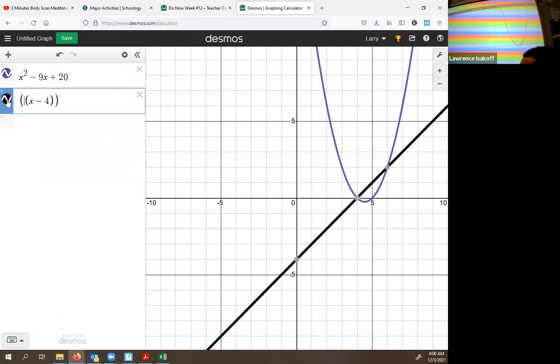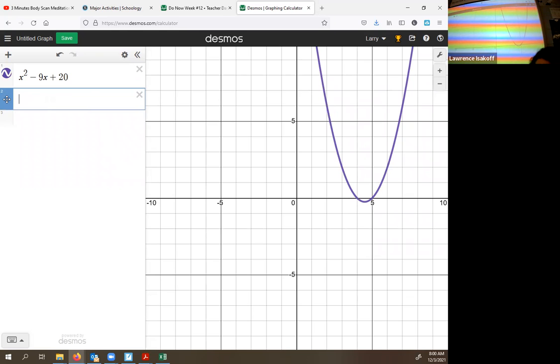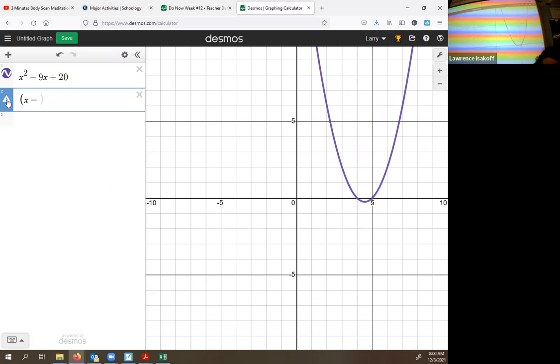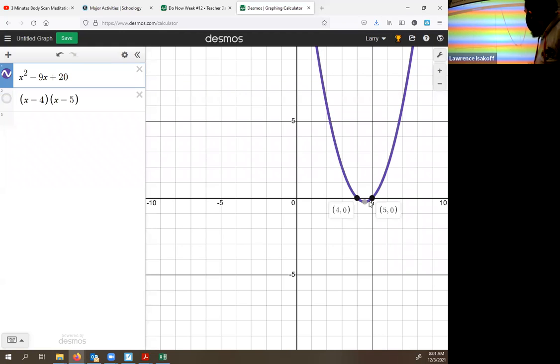So here I had actually put x minus 4 times x minus 5. And there we go. We get again the purple and black graph matching, so I know I did it correctly. Then we can find where the zeros are by clicking on them if we wish to do that as well.